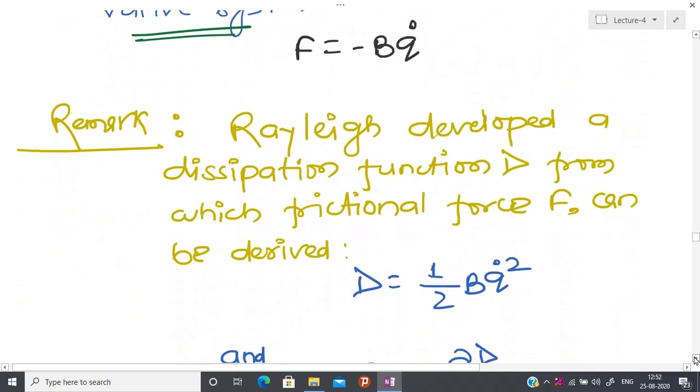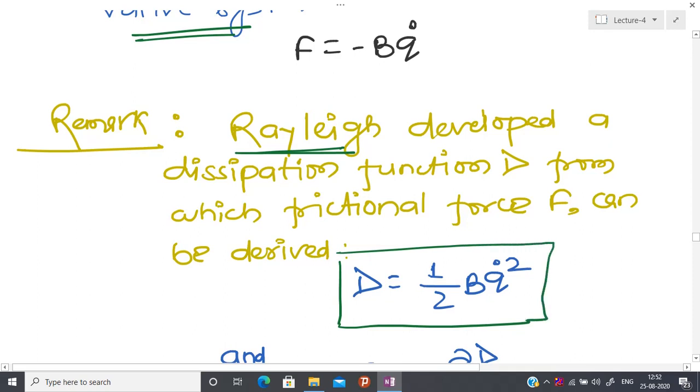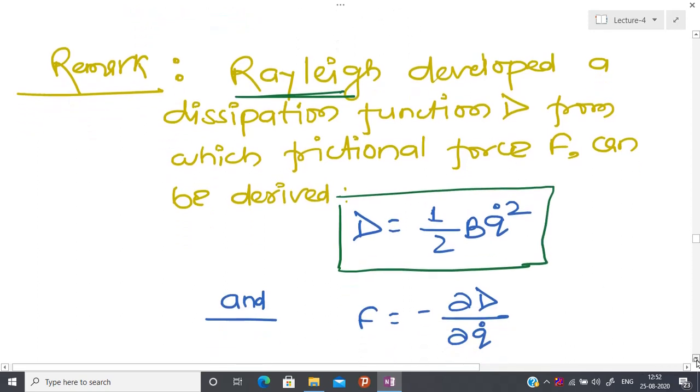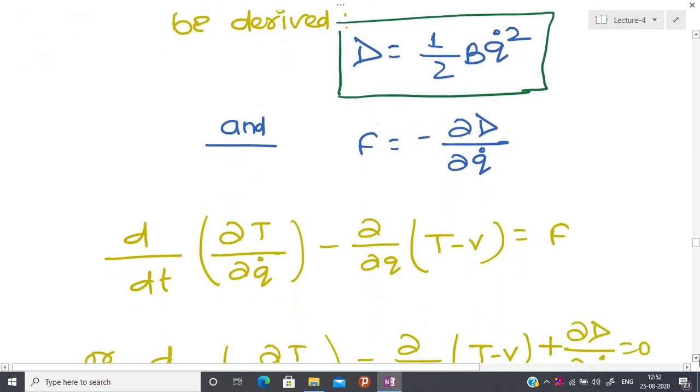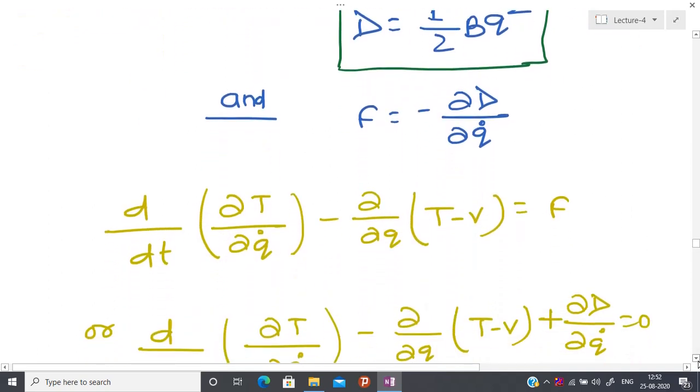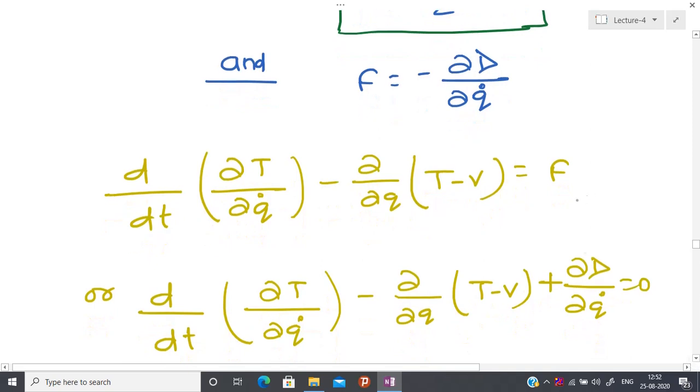In this way, this scientist, Rayleigh, told us that if I define one function like this, D equals half b q̇ squared, then you can see that F is nothing but the negative of the derivative of D with respect to velocity. And finally, they simply incorporated that quantity here.